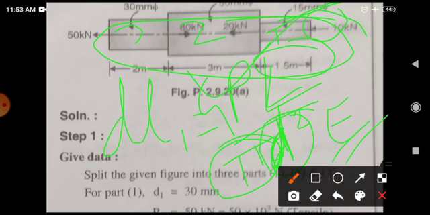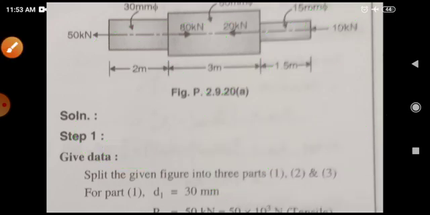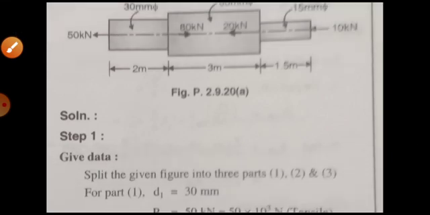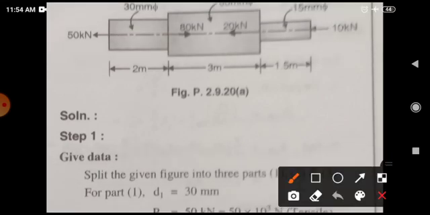E is also given, which is 200. So that means you can calculate this DL1. Now let us talk about this second element. By previous calculation, you can calculate DL1.